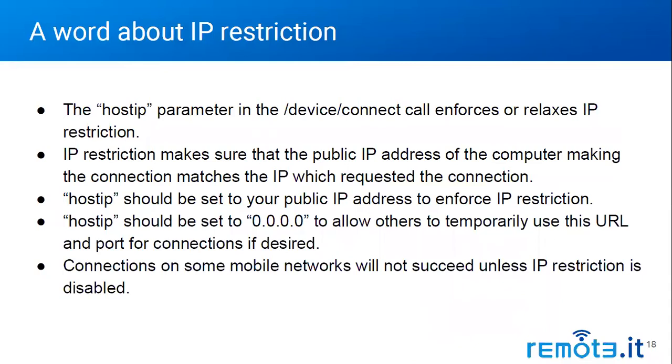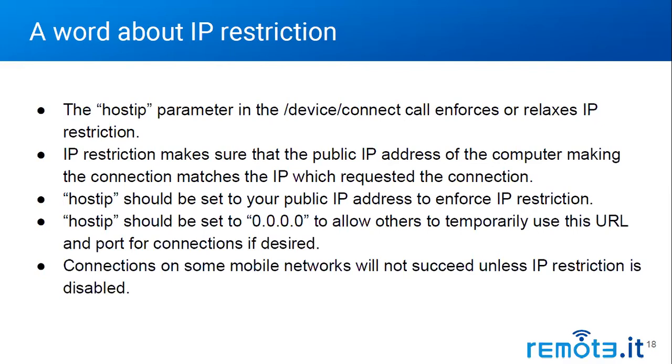So let me talk a little bit more about IP restriction. First of all, as I said already, the host IP parameter in the device connect API call will enforce or relax IP restriction. And the IP restriction makes sure that the public IP address of the computer making the connection matches the IP which requested the connection. And by the public IP address, I mean the external IP address that you would get by going to whatismyip.com, for example.